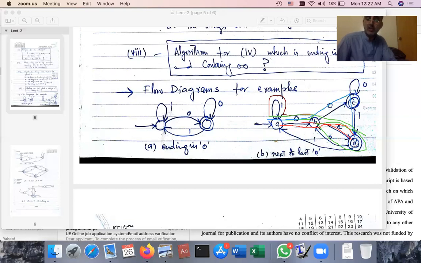The other edge can go toward all these states, but maybe with the string 0, 1, and then 1, 0, 1, you have to put this one here. But this is a method of hit and trial that you have to do for the valid strings, and then you can conclude that I have to put the arrow in this way or in this way. You have to practice these things.